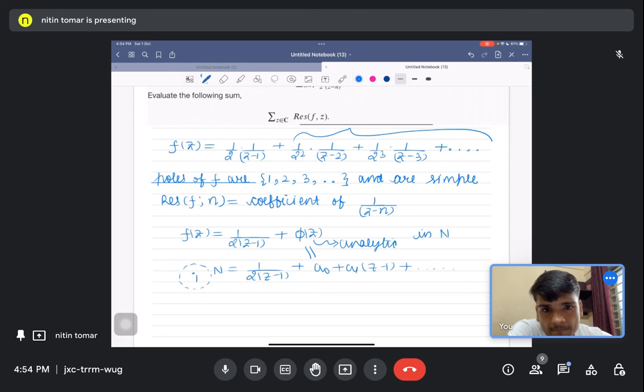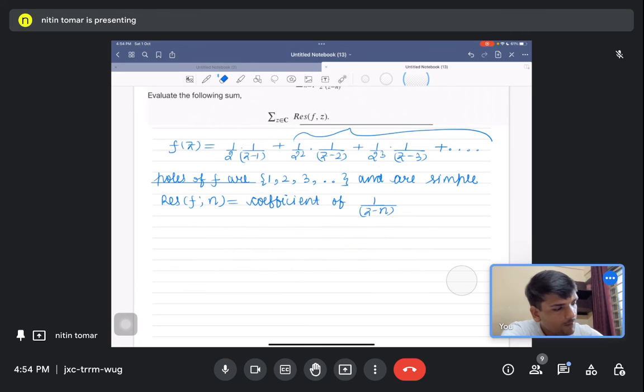Only this part is there in the principal part. Is this clear? Or you can directly use the formula. Better to use the formula in this case.